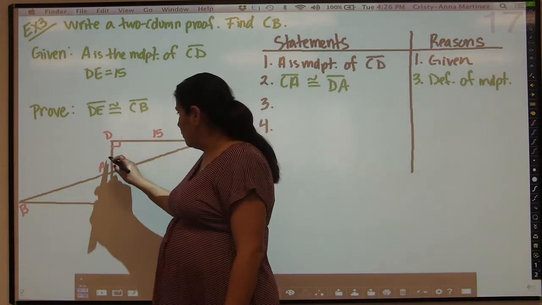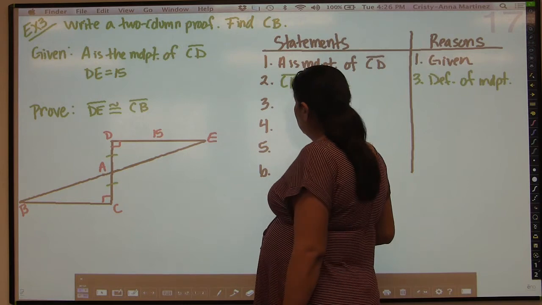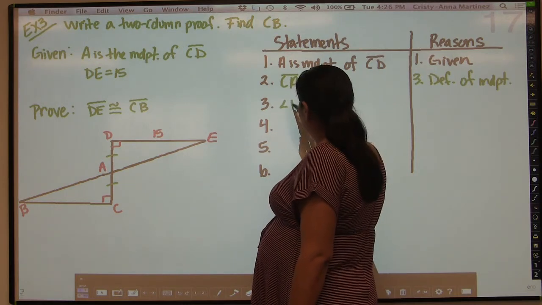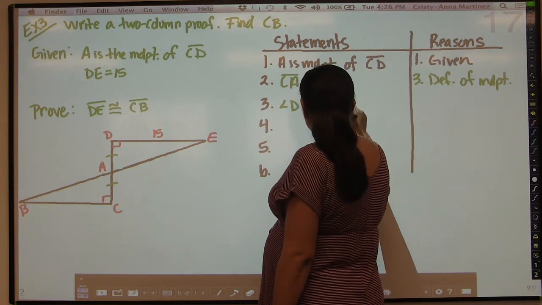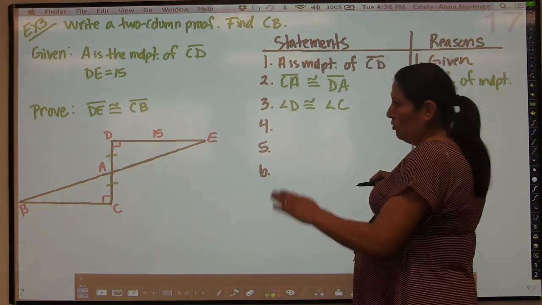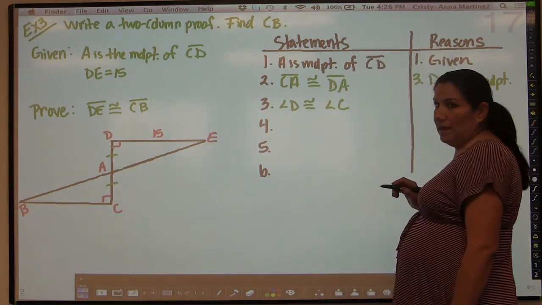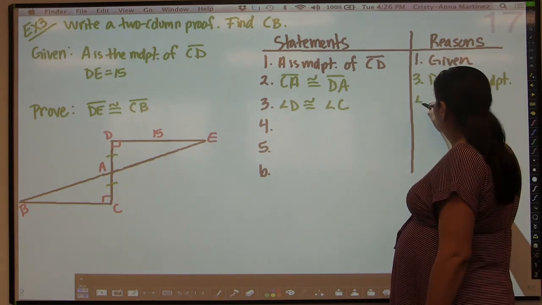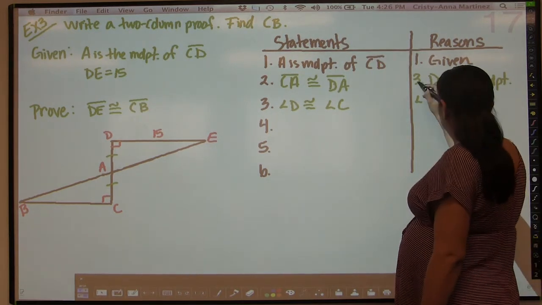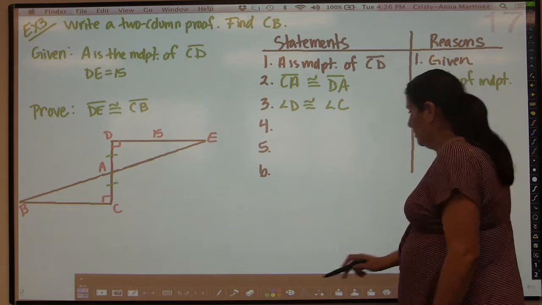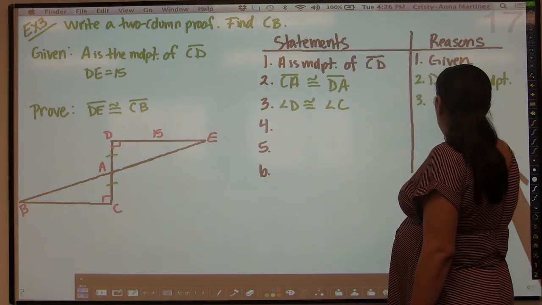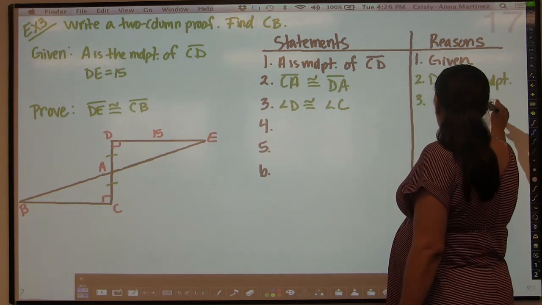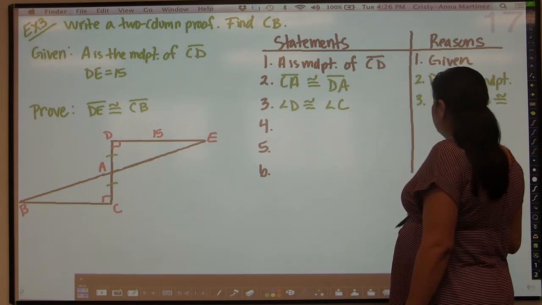We already know that angle D is congruent to angle C, and we know that because they're both marked in the diagram as right angles, so they should be 2 and 3. We know that all right angles are congruent.